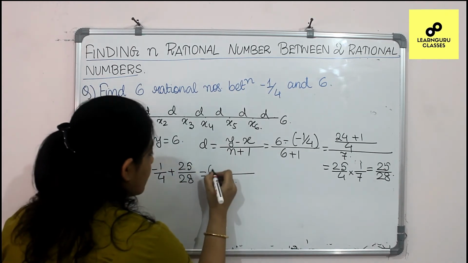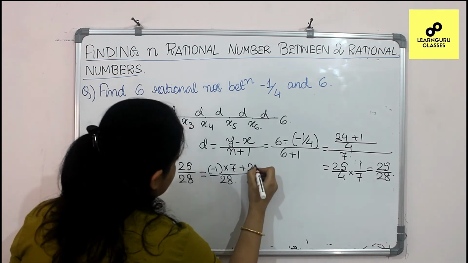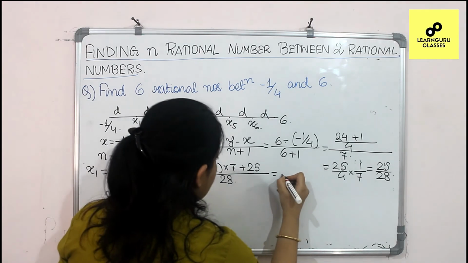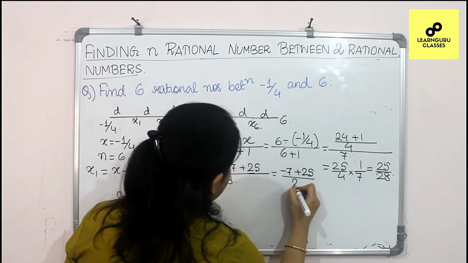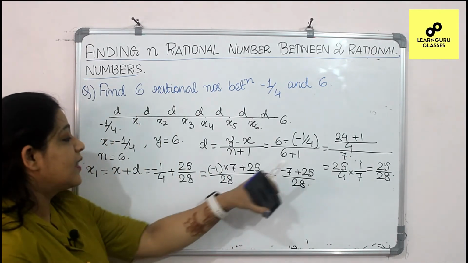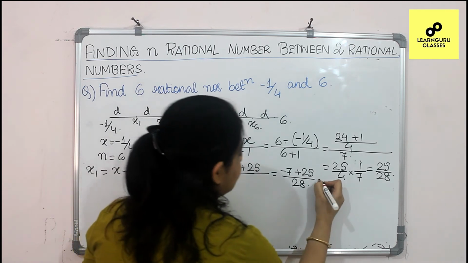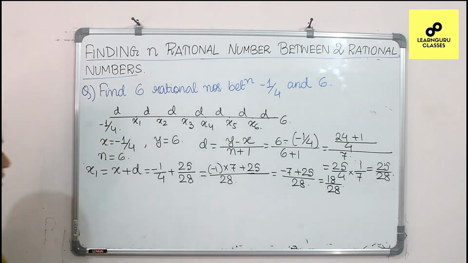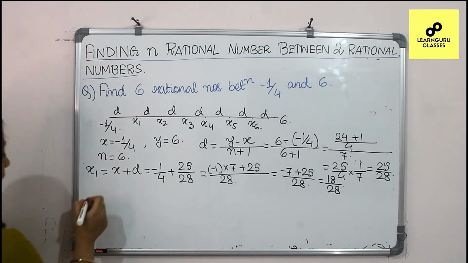Here it is -1, so -1 into 7 plus 25. So you are getting -7 plus 25 by 28. So 25 minus 7, how much? 18. Isn't it? Answer is 18 by 28. You are getting the value of x1 as 18 by 28.